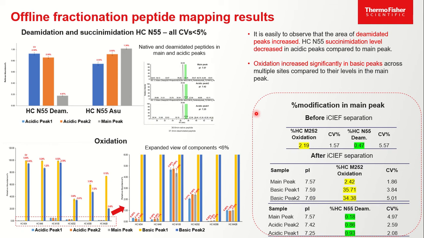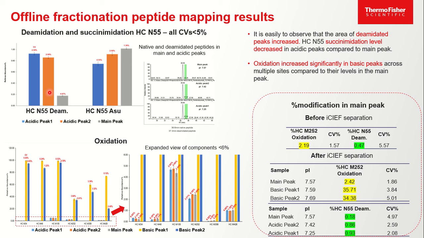Then let's turn to the side chain modifications. Here, the upper left figure shows heavy chain N55 deamidation and succinimidation in main and acidic peaks. The level of this deamidation modification percent within the CDR domain is 0.18 in the main peak, compared to 0.93 in acidic peak 1 and 0.83 in acidic peak 2.